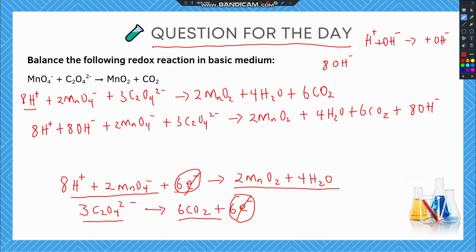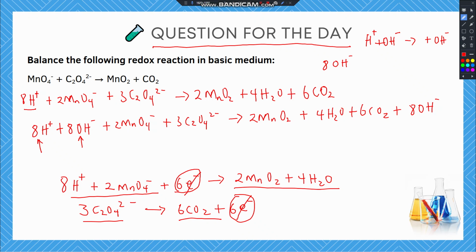I'm sure you're seeing how every step is being taken. So now the next rule says wherever H plus and OH minus are on the same side, combine them to form H2O. So now we have 8 H plus ions and 8 OH minus ions here.